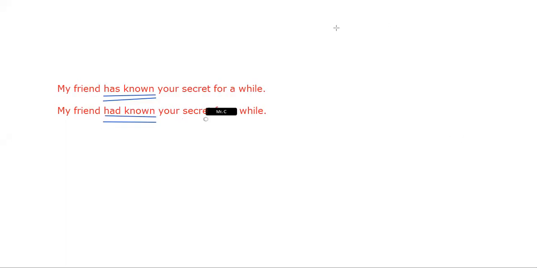Okay, so in this case, you could actually use either one, but it's not like the past simple and present perfect where you could use either one and the meaning would be roughly the same. In this one, the meaning is completely different, because the first one means I've known your secret for a while and I still know it.